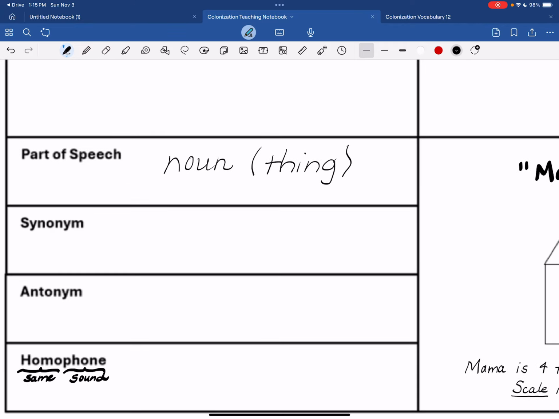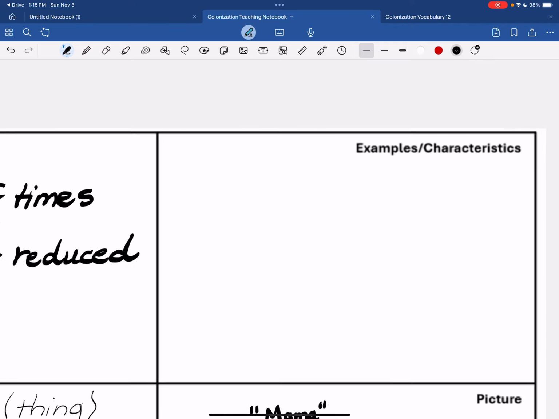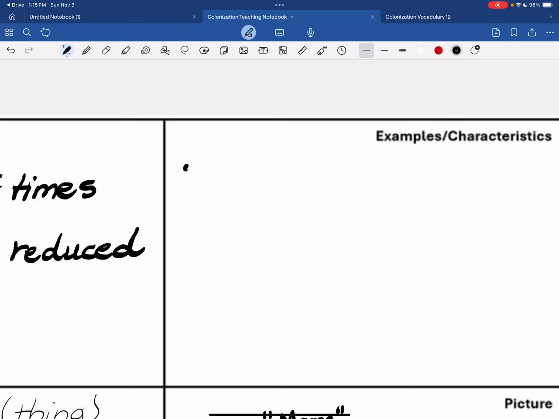We actually have different ways to use the word scale. So, for example, if I go to the doctor and they want to know my weight, they would ask me to step on a scale. In this case, a scale is a tool used to measure weight.